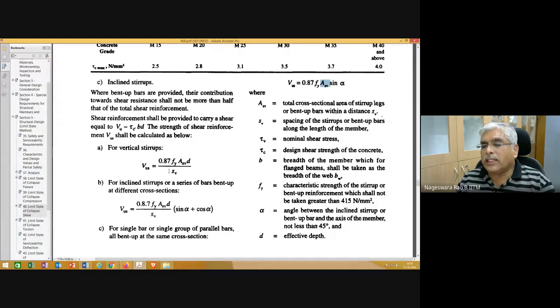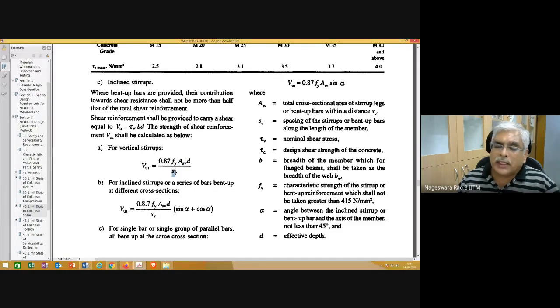And if you see this equation, you also need to know the spacing. So prior to finding the area of steel, you need to assume at what spacing you are going to provide the shear reinforcement.